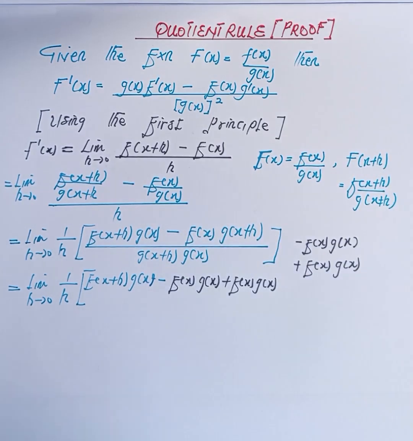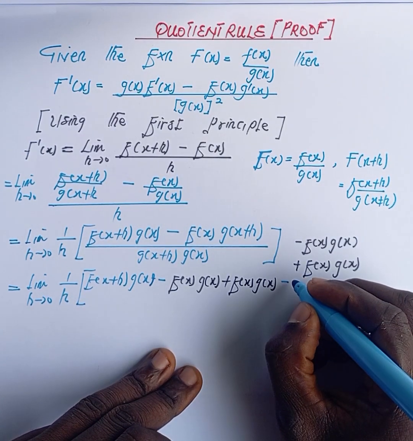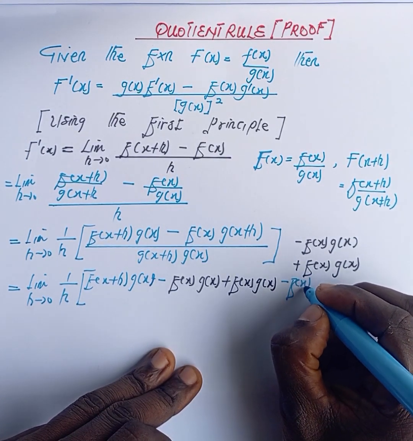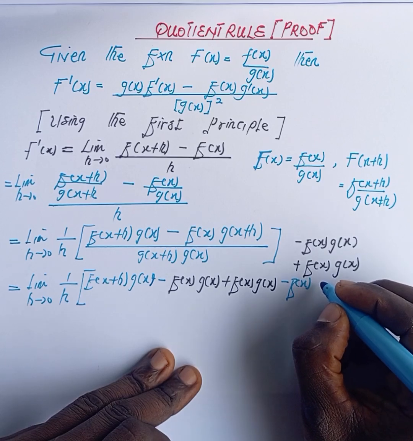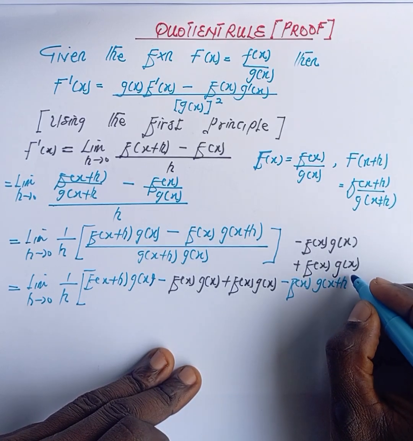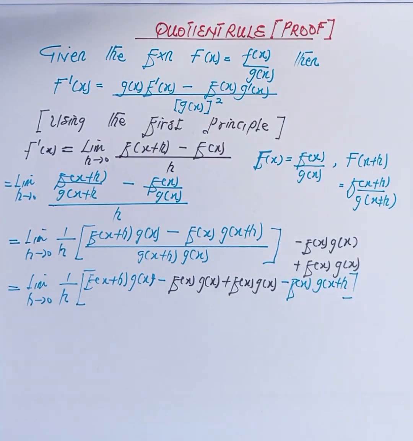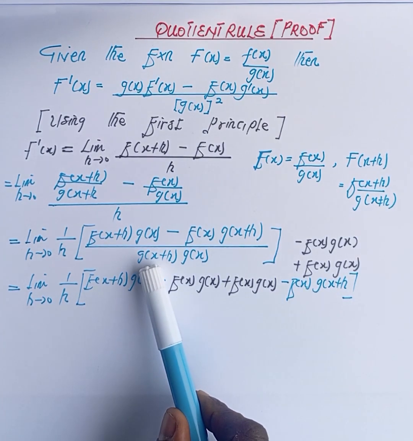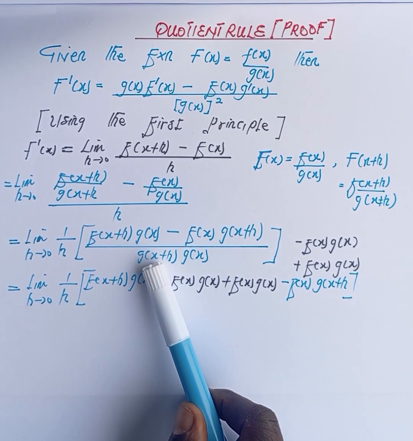Then we add our last function, which is minus f at x multiplying g at x plus h, and this is all over g at x plus h times g at x.